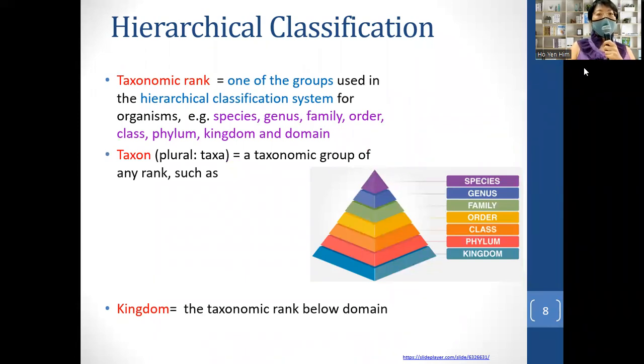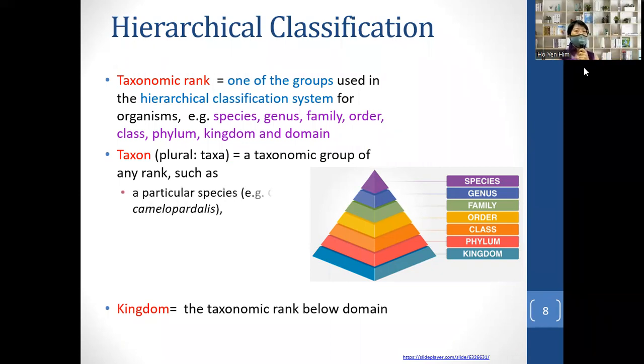Now, taxon. Taxon is singular, the plural is taxa, like bacterium, bacteria; mitochondrion, mitochondria; taxon, taxa. A taxon is a taxonomic group of any rank. So each of these is a taxon.